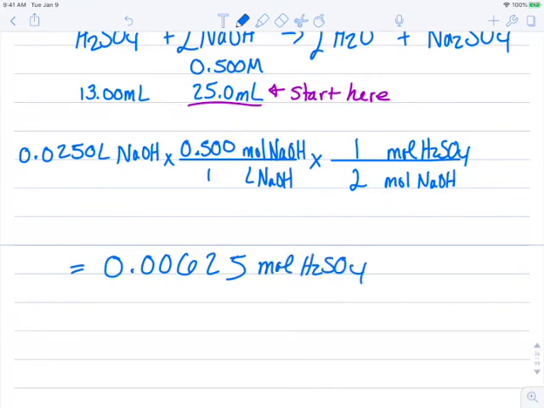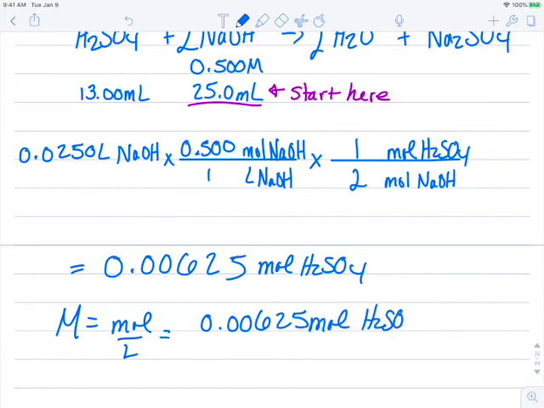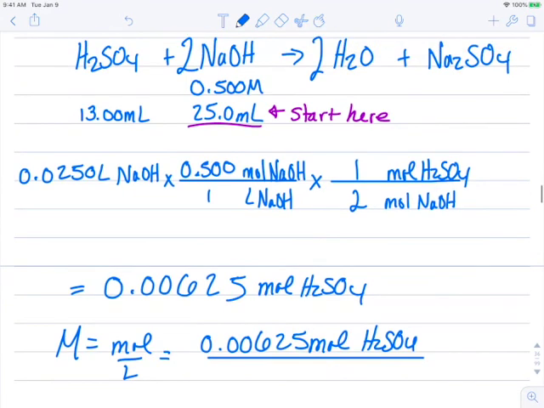So we're still doing a similar pattern, but I'm going to pause after the second one to get the moles, and that's because I like to use the molarity formula, which is molarity is moles over liters, for the next part. So 0.00625 moles. And then what volume would y'all put at the bottom there?